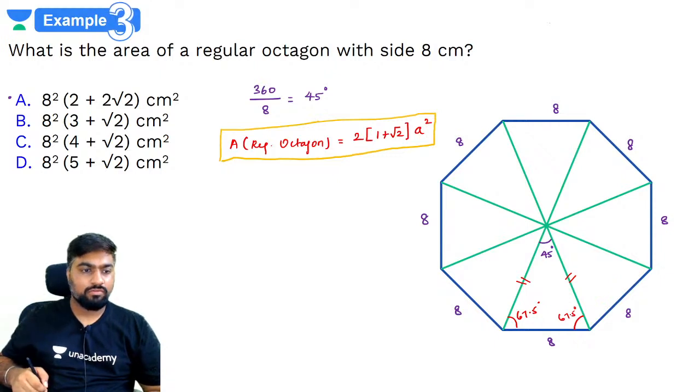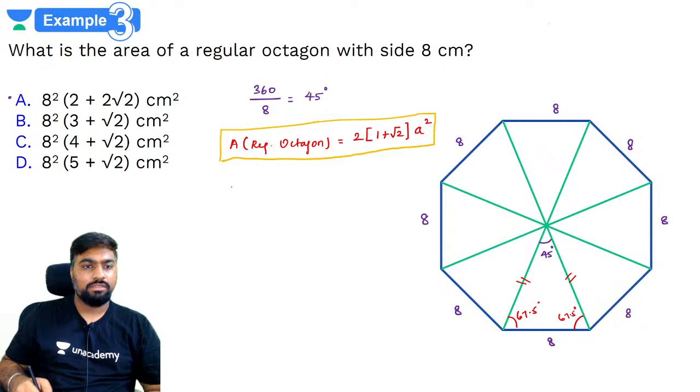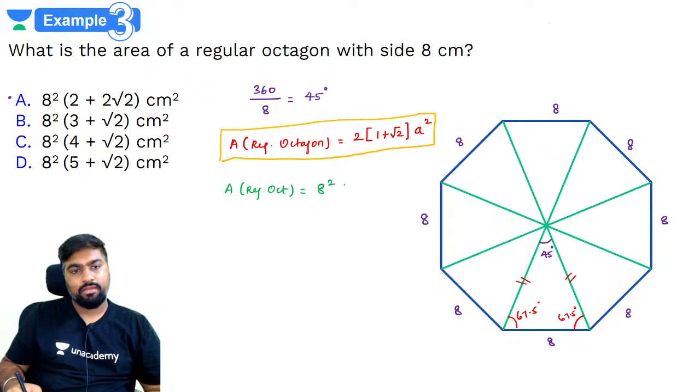So what will be our area? Area of this regular octagon is going to be a square, which is 8 square, into 2 plus 2 root 2, which is option A. Done?